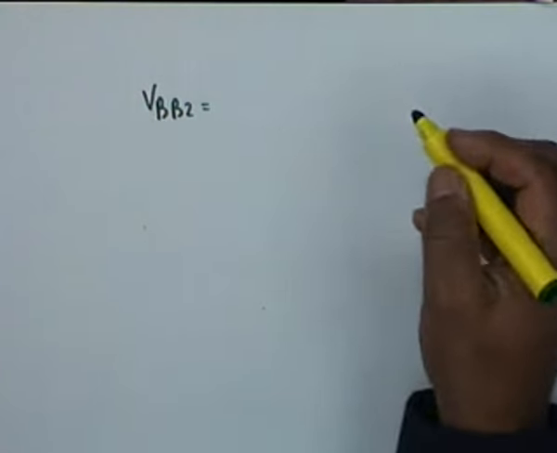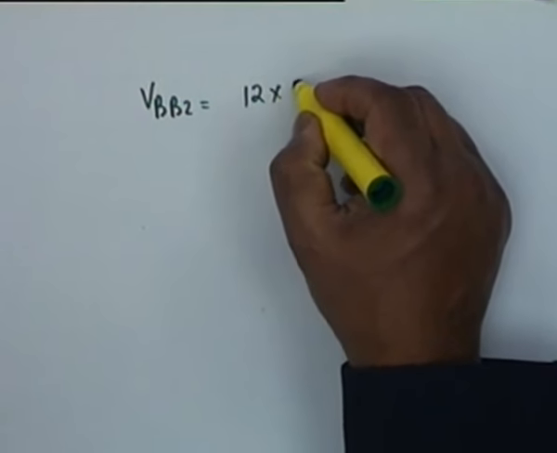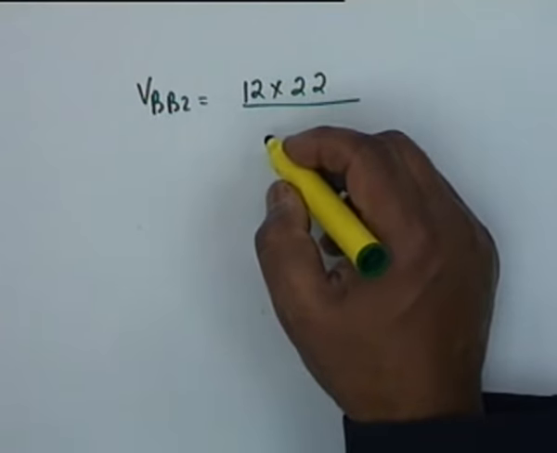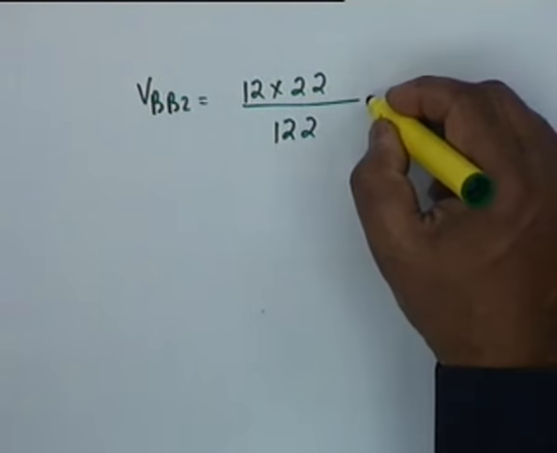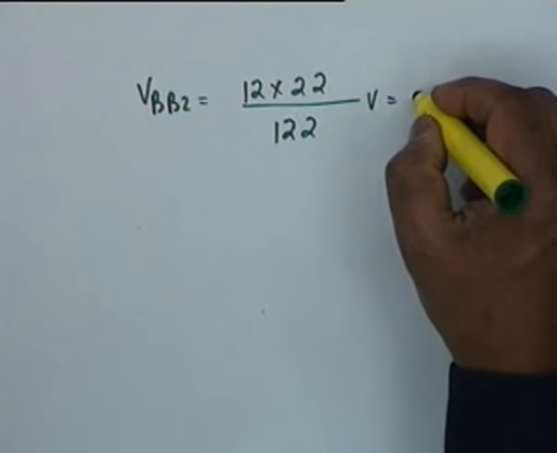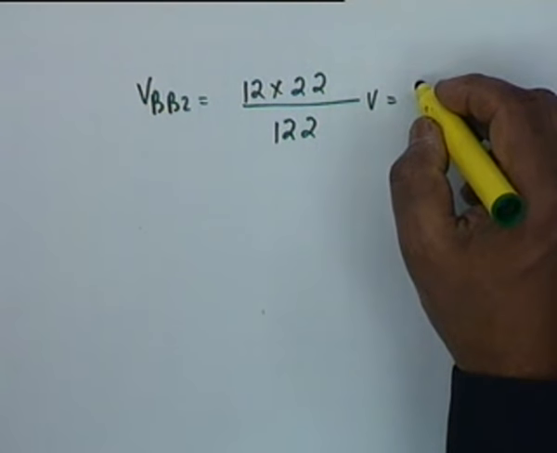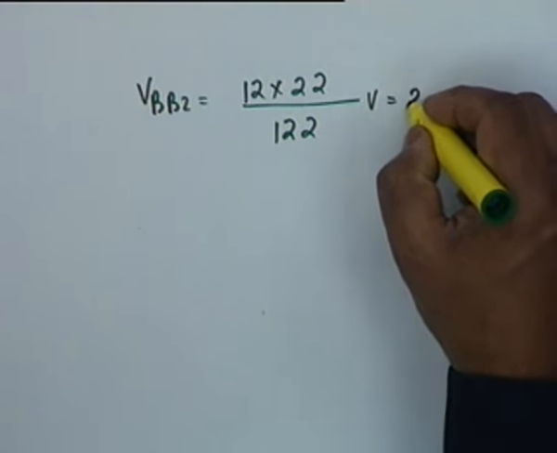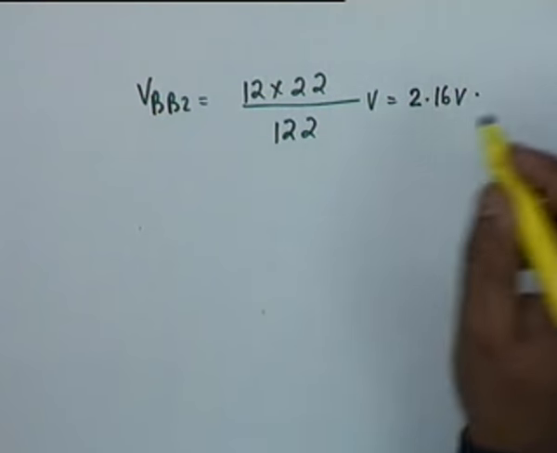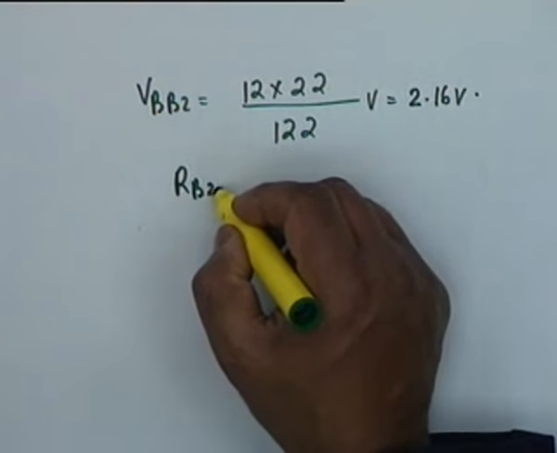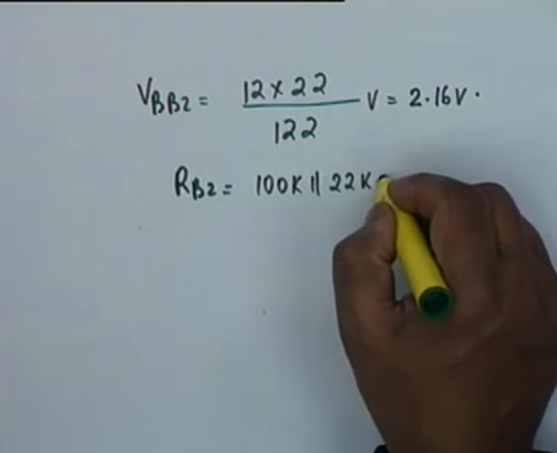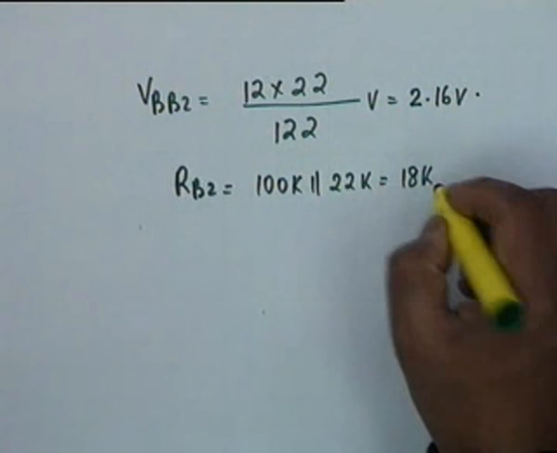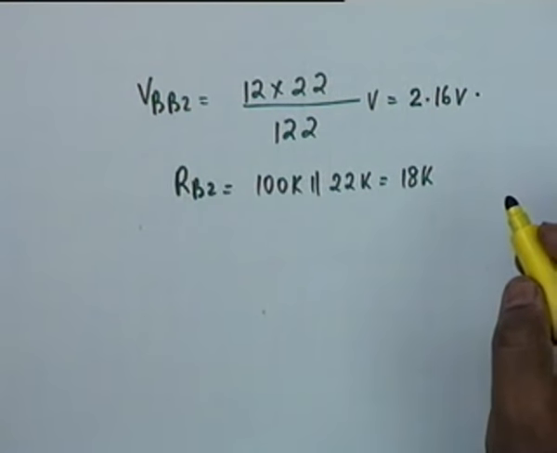VBB2 now becomes 12 multiplied by 22 divided by 122, right? So many volt, and that becomes equal to 2.16 volt. RB2 is equal to 100K parallel 22K, 18K. Good figure?